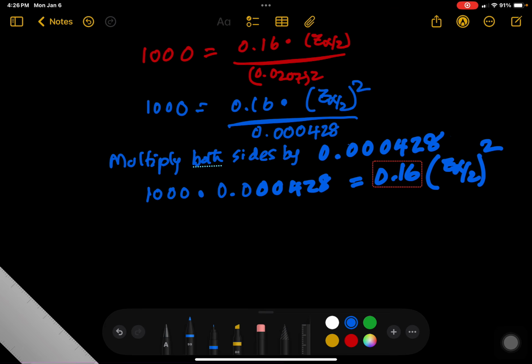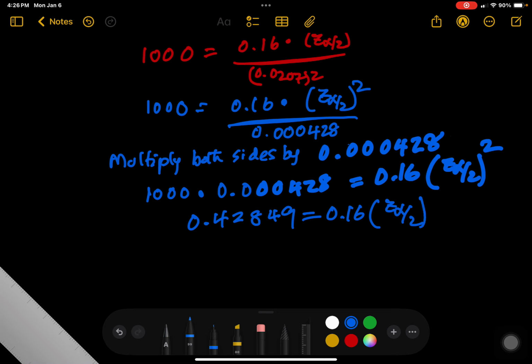So this left hand side now, you multiplied it by 1,000, and you get 0.428 is equal to 0.16 times Z alpha by 2 squared.